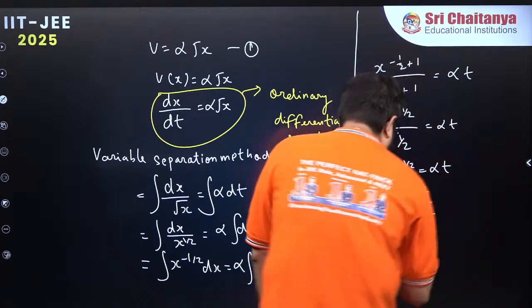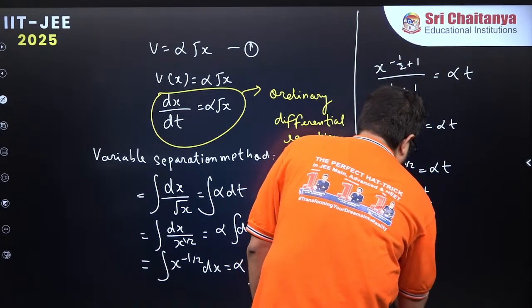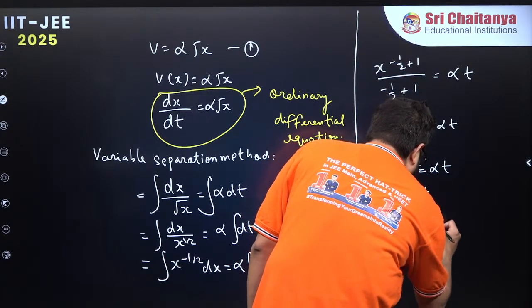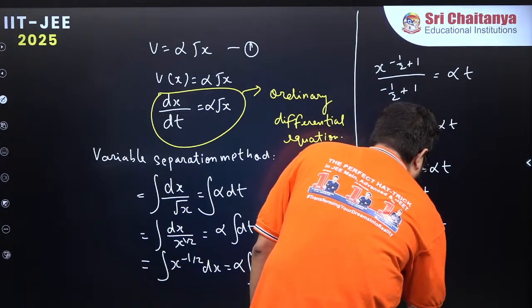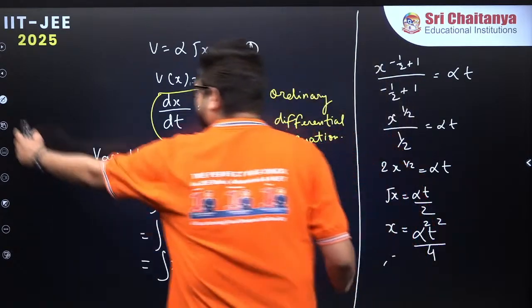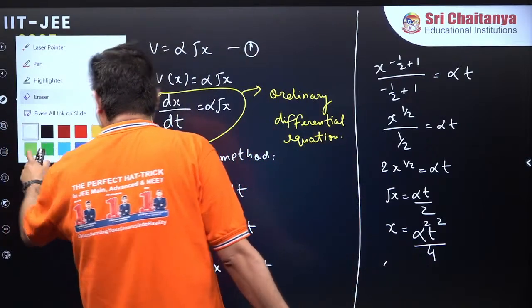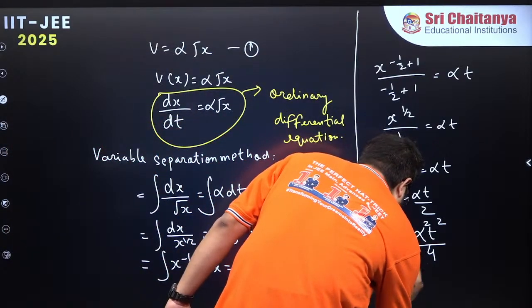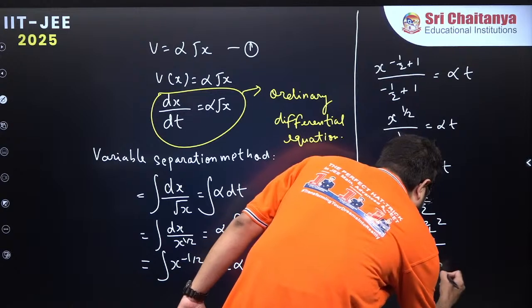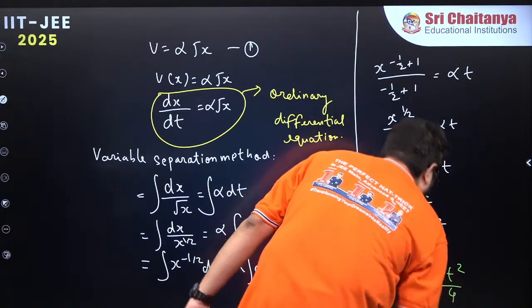So as a result of that, squaring on both the sides, x becomes, क्या हो जाएगा? Alpha square t square by 4. So we are able to find out that x as a function of time is alpha square t square by 4.